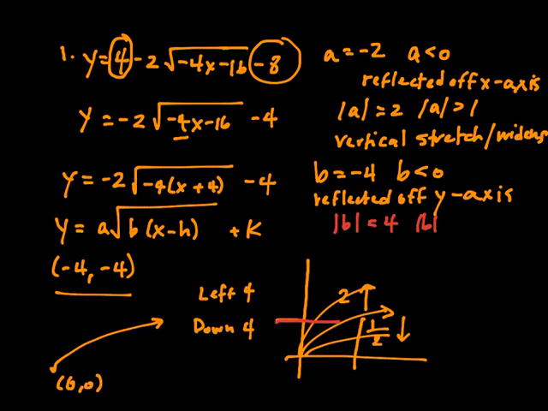The absolute value of b is greater than 1, so it's going to be above the parent function, so it's going to be this one right here. So when we do that, we're bringing it closer to the y-axis. So that becomes a horizontal compression.